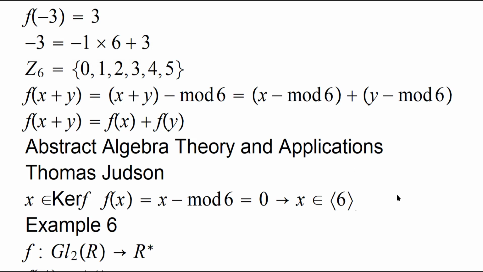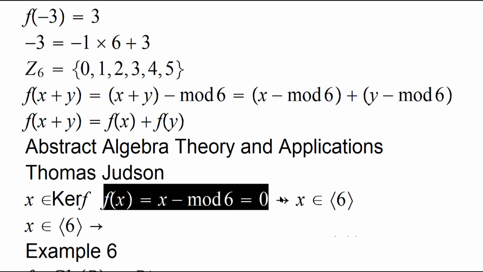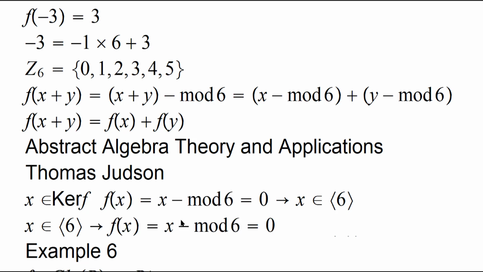Okay, so if x is in the kernel of f, of course, then x will have to be a multiple of 6, and vice versa. If x is a multiple of 6, then f(x) would be 0, and again that will give us that x is in the kernel, right?